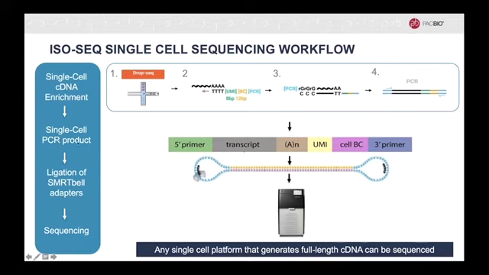Once you have the ready PCR product that consists of 5' end, transcript, poly A tail, unique molecular identifier or the UMI, and then a barcode to distinguish which transcript comes from which cell, and the 3' end, then you're ready to proceed into SMRT sequencing library prep, where you just add the SMRT adapters, after which you do sequencing.